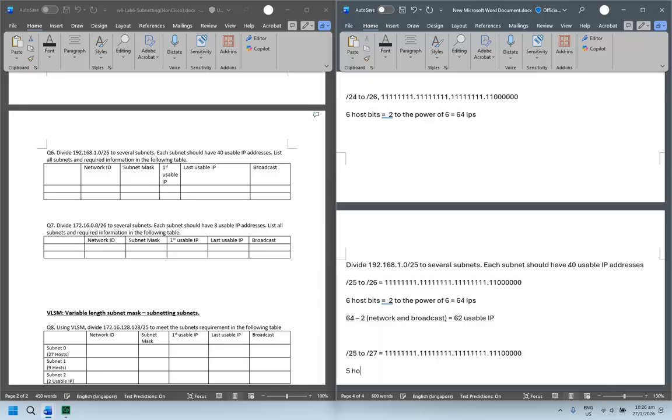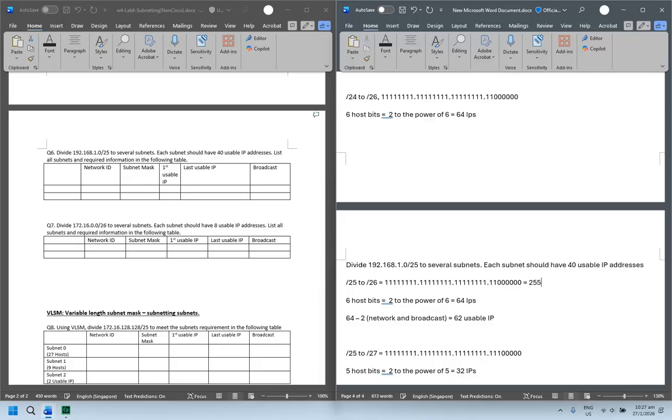So we have 5 host bits, which is 2 to the power of 5, which equals 32 IP. I don't even need to calculate the usable IP because I only got 32, which cannot fit my 40 usable IP. So it means that my appropriate subnet mask will be /26.